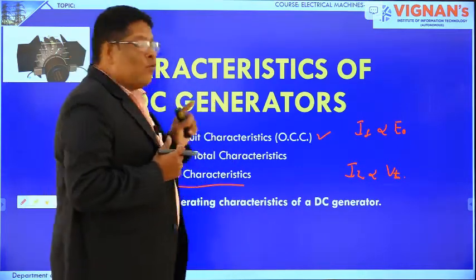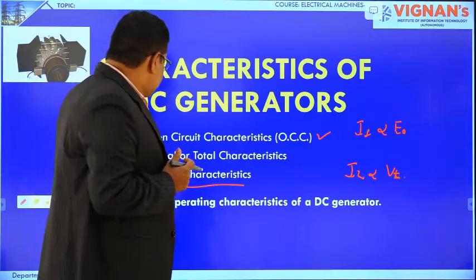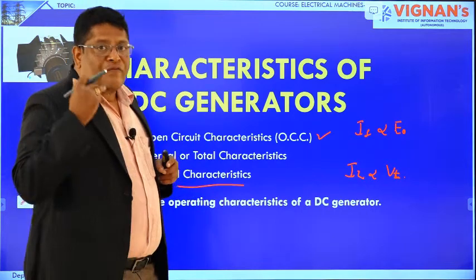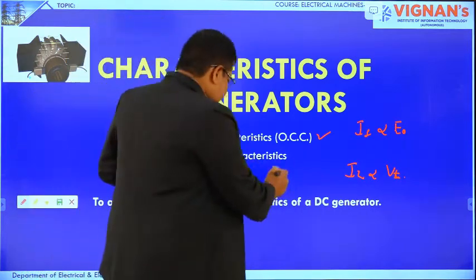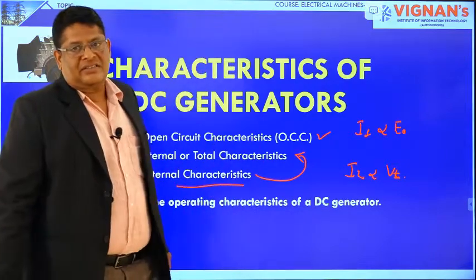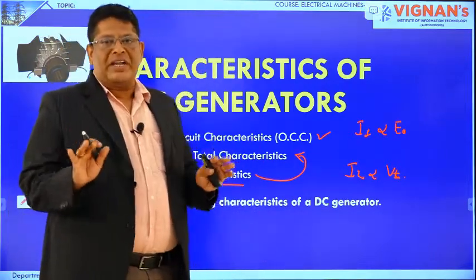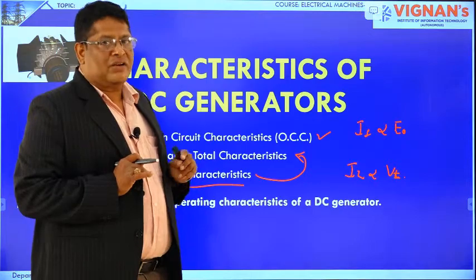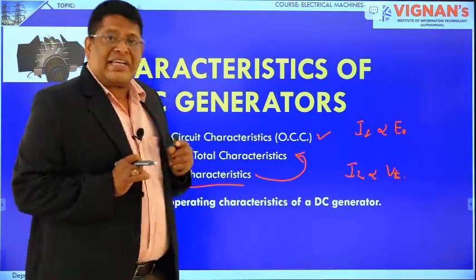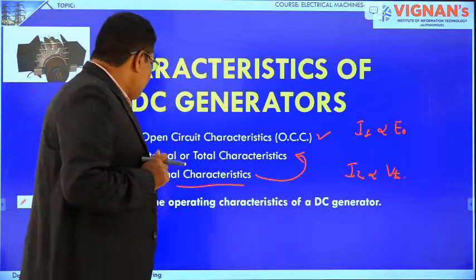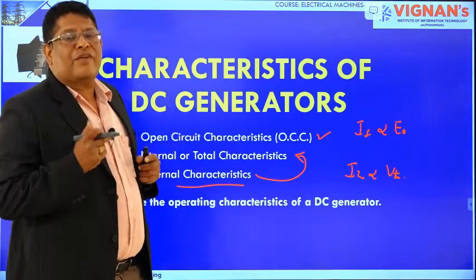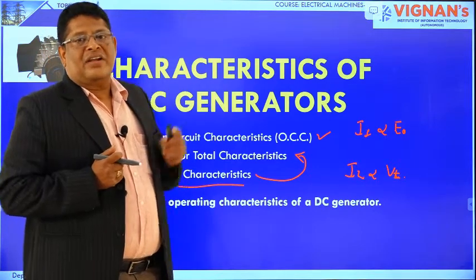But here one more characteristic is there, that is the internal characteristics. We find the internal characteristics from the external characteristics. We are not going to conduct any test on a machine to find the internal characteristics, but we conduct a test on a DC generator to find the external characteristics. Once we know the external characteristics, then we can find the internal characteristics of a generator.